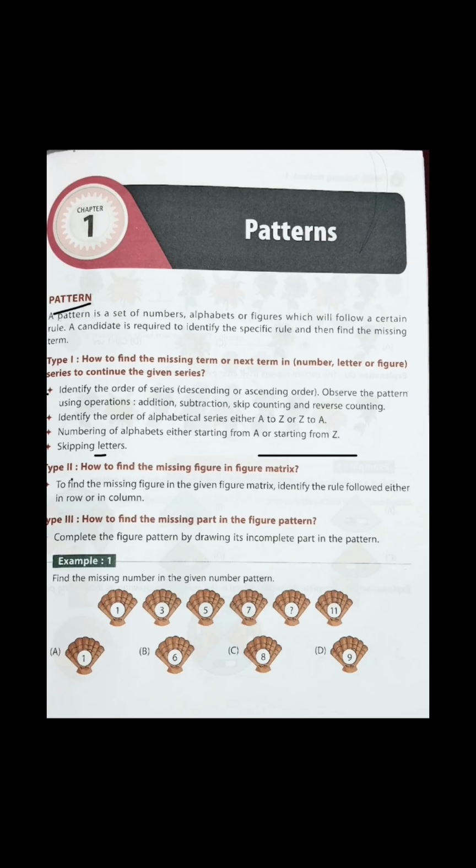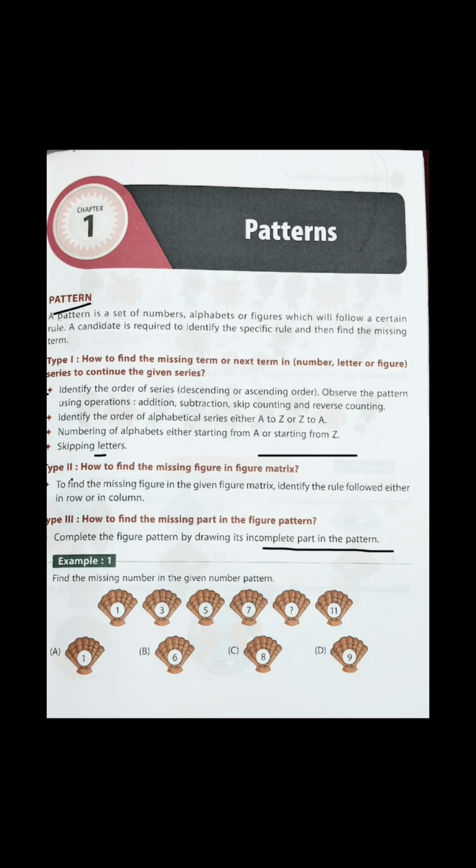Type 3. How to find the missing part in the figure pattern. Complete the figure pattern by drawing its incomplete part in the pattern. So, with these things, let us start with an example.